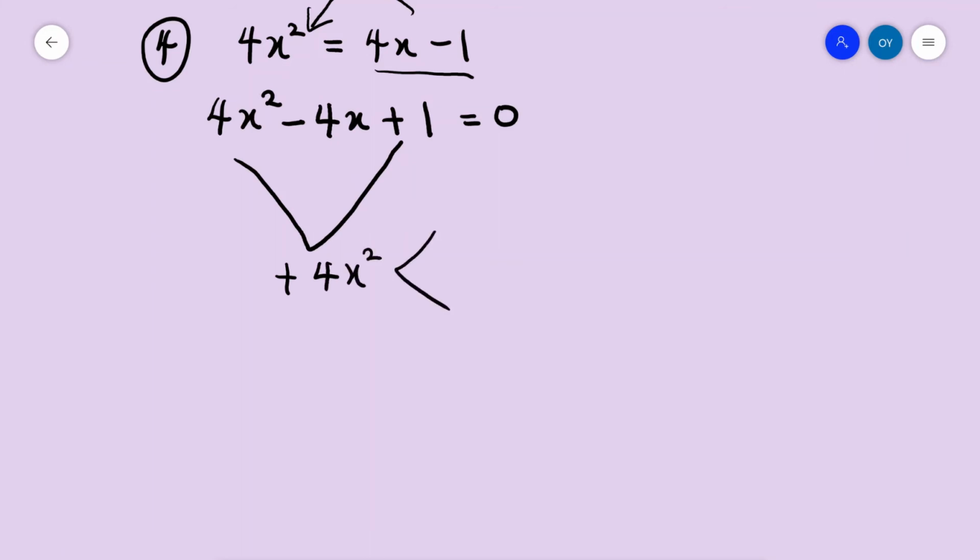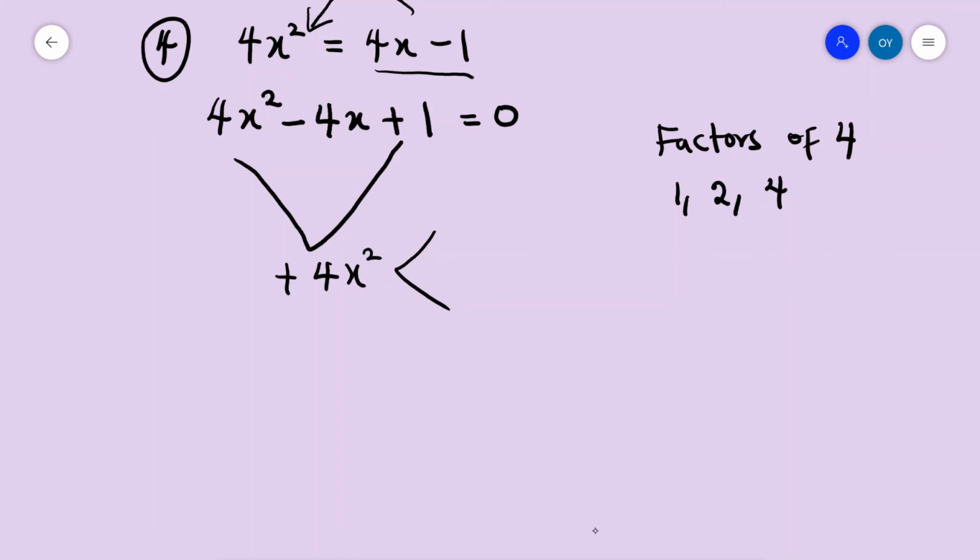Now we need to look for the factors of 4. So the factors of 4 are 1, 2, and 4. So which of these numbers, when we add them together, we have negative 4, and when we multiply, we have positive 4?